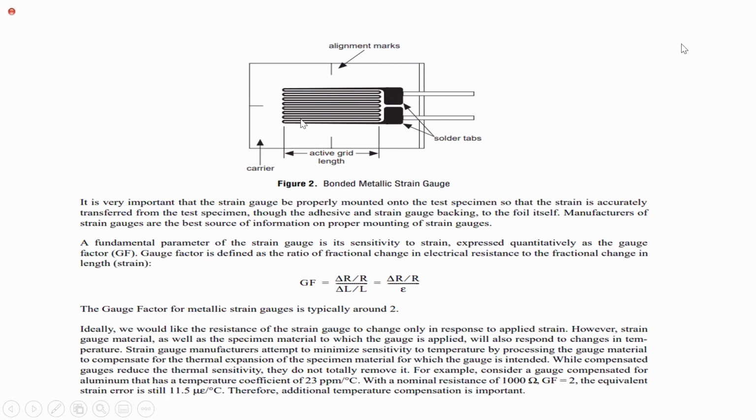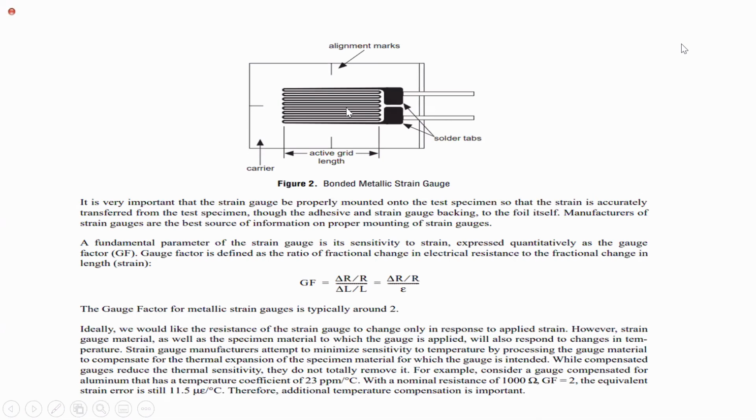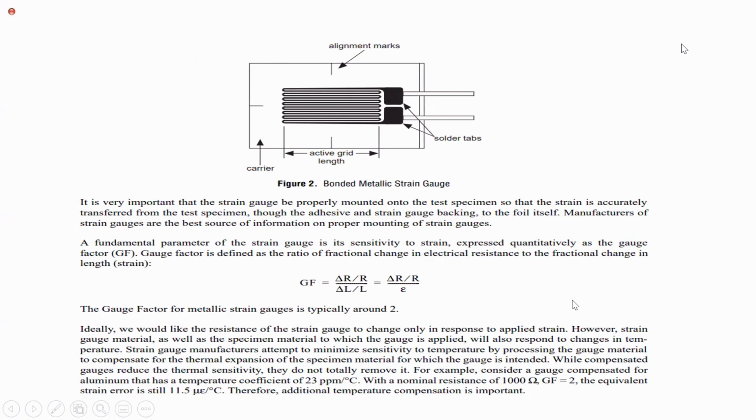Then we will get strain in this fine wire. When we get dimensional changes in this wire, we will get a change in resistance. That is the detail of the metallic strain gauge.